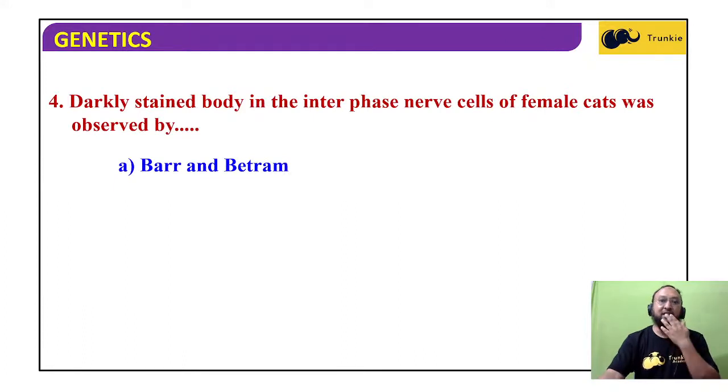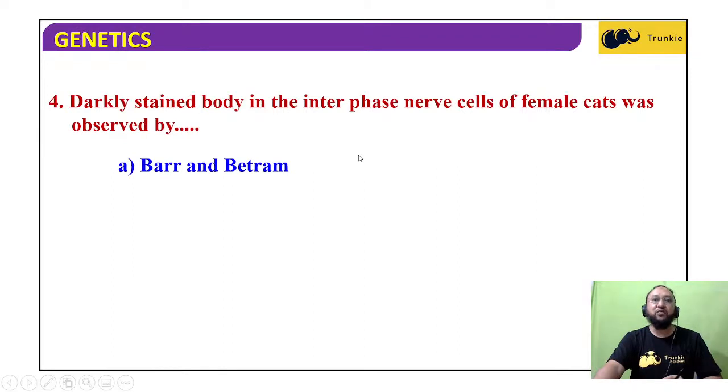A darkly stained body in the interphase was observed for the first time in nerve cells, when they were doing some experiments with them. They realized that a darkly stained structure is present near the nuclear membrane, and they came to know that this is the Barr body.